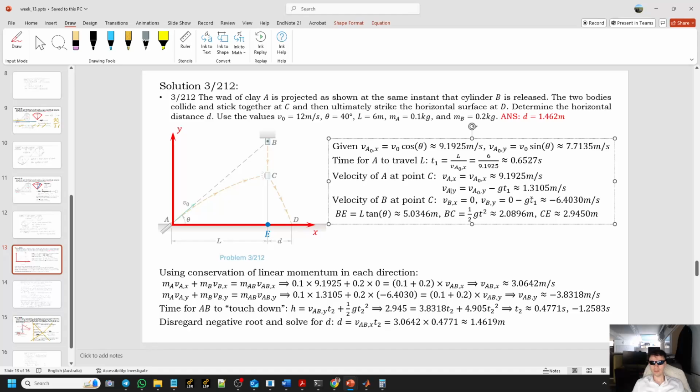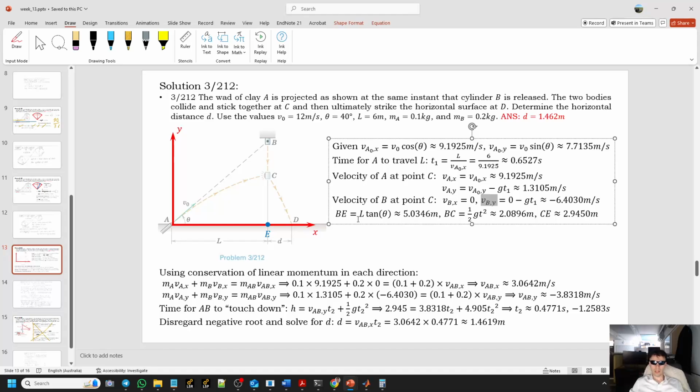We have T1 because they will contact each other at the same time. So we use this time, and we have g, so we will obtain the velocity of B. Sorry, in the y direction, because in the x direction, obviously this one doesn't have any velocity.